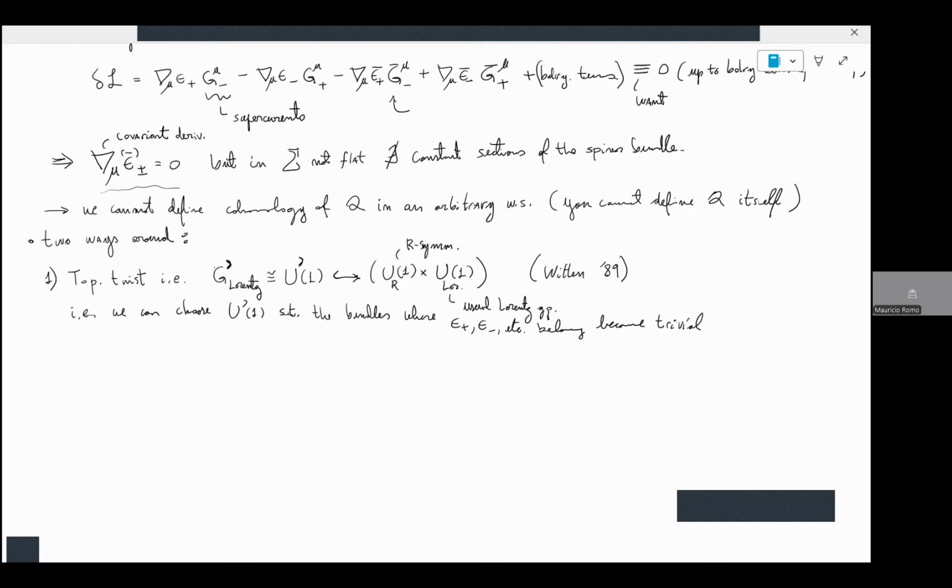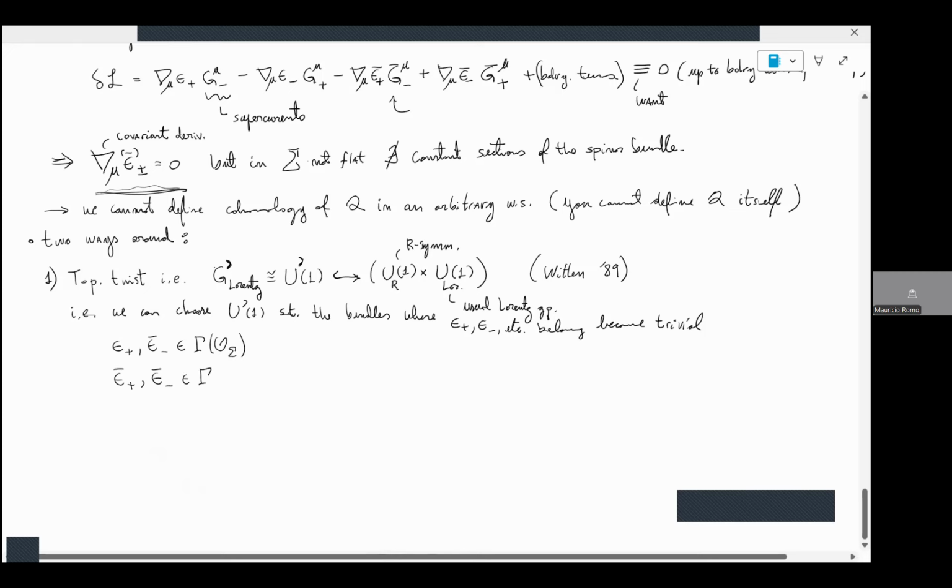We are mixing the structure group of the worksheet tangent bundle with the R symmetry. And because the epsilons have non-trivial R symmetry, you can make them sections of a trivial bundle. Then you can solve this. The punchline from those papers of the 80s is you cannot do it for all the epsilons. You can only do it for two, basically. So you can do it like this, for example, or you can take this other option.